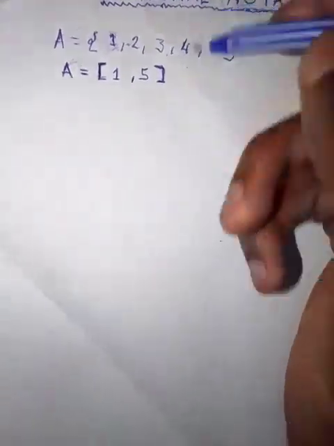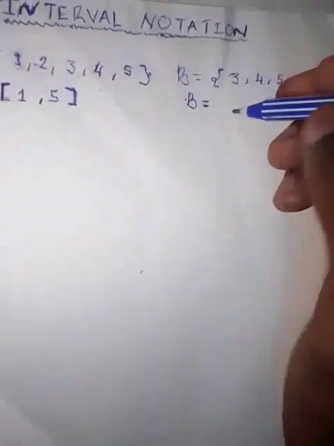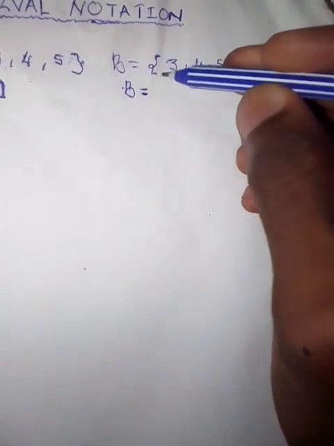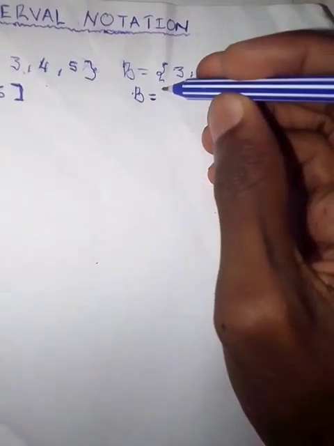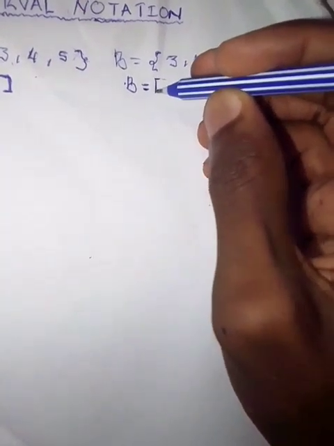Another example: let's say we have B, with numbers starting from 3, 4, ending at 6. Remember, when we are representing the set as an interval, we are just saying the range of these numbers.